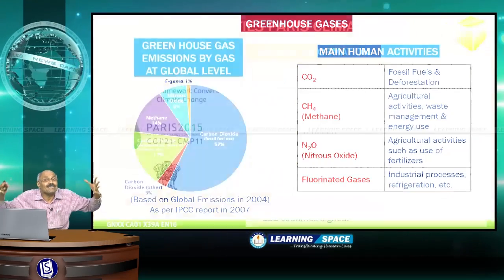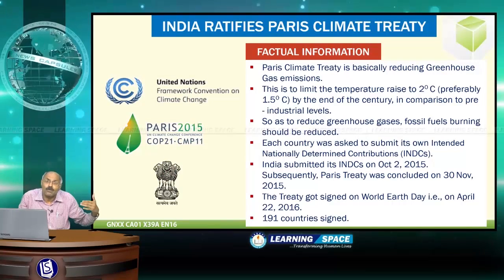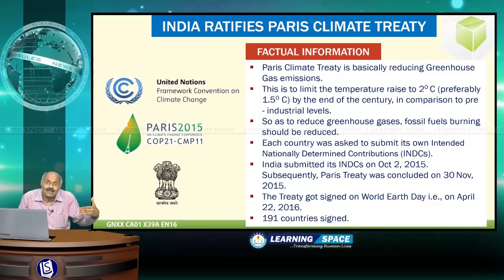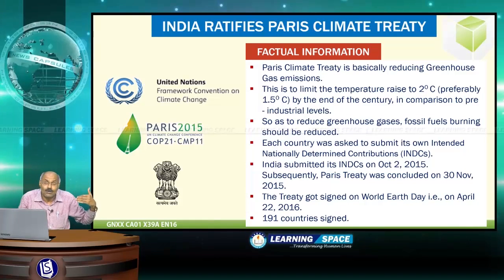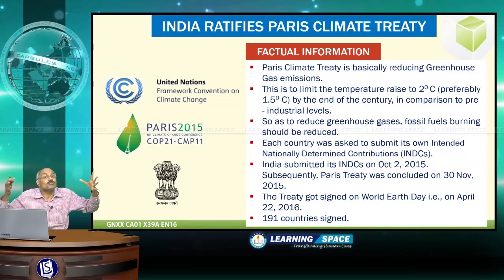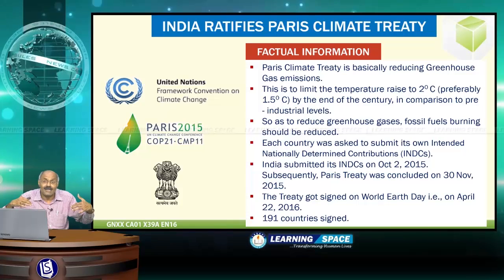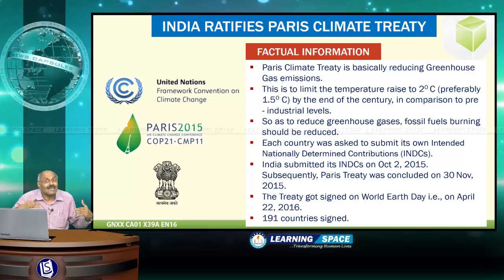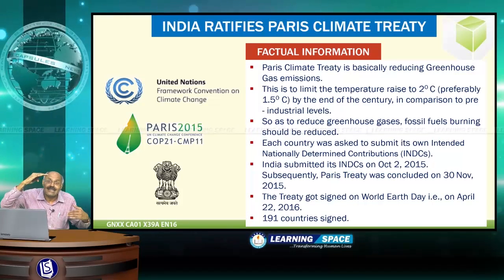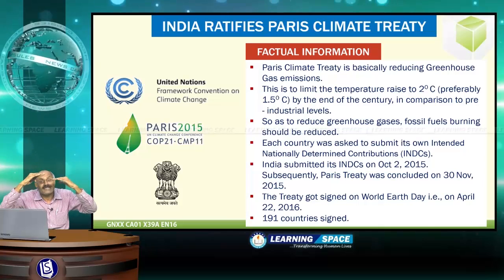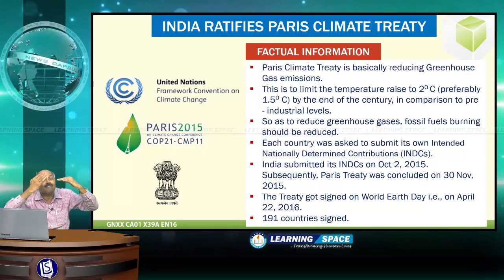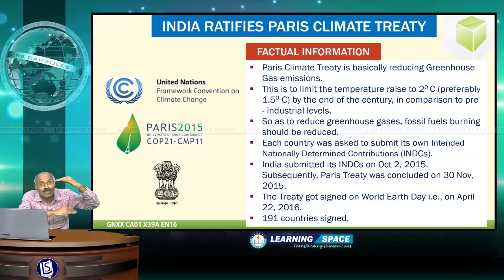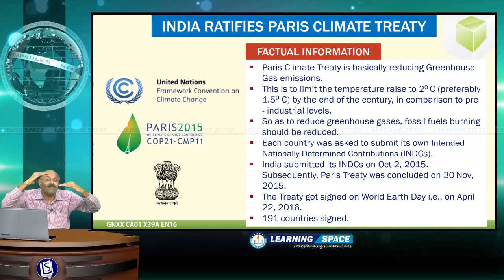So, this Paris Treaty is all about reducing greenhouse gas emissions. And to reduce greenhouse gas emissions, one benchmark is kept. The benchmark is that the global temperature rise should be restricted to 2 degrees centigrade, preferably 1.5 degrees centigrade, if you compare it with pre-industrial levels of around 1750 and 2100.